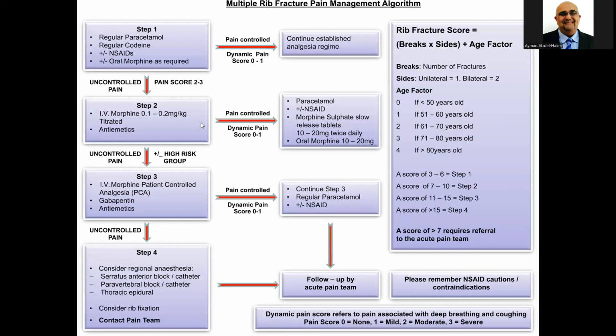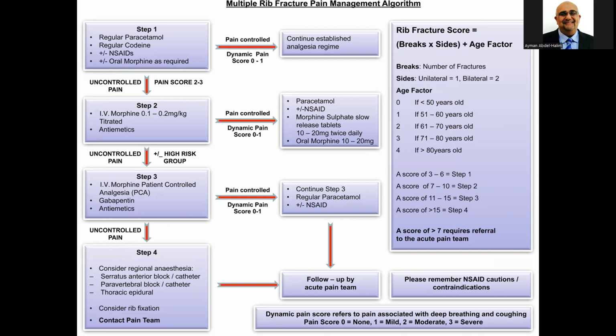So this is an algorithm from the British Journal of Anesthesia here. As you can see, step 1 is regular paracetamol, then regular codeine, and then if it's not controlled, you give IV morphine, and if that doesn't work, you can try a PCA.